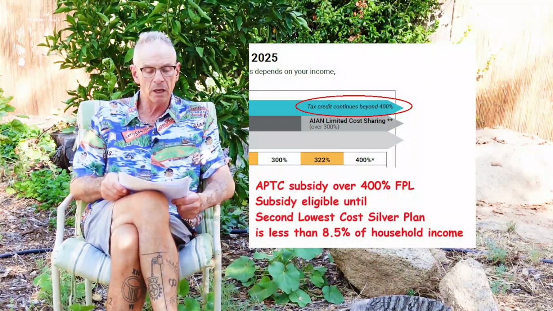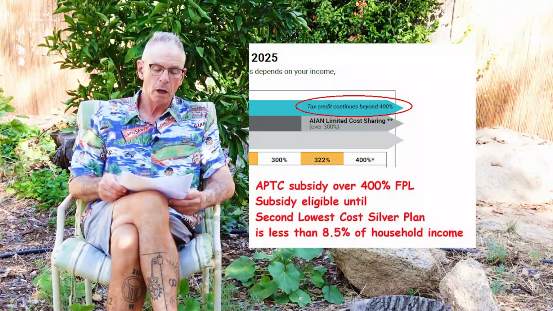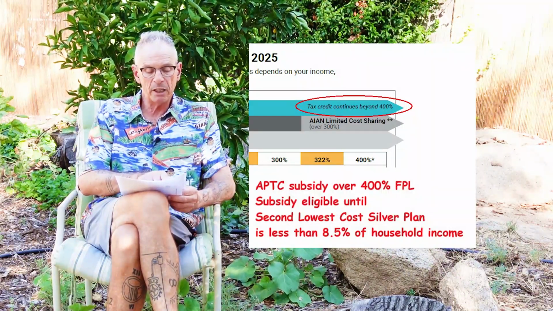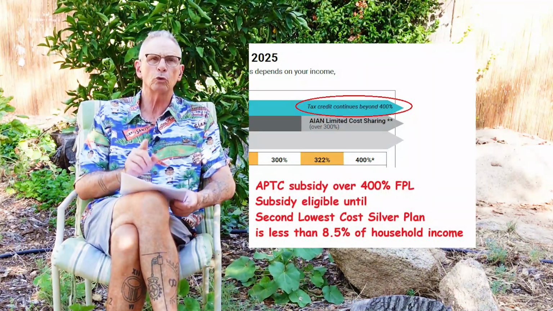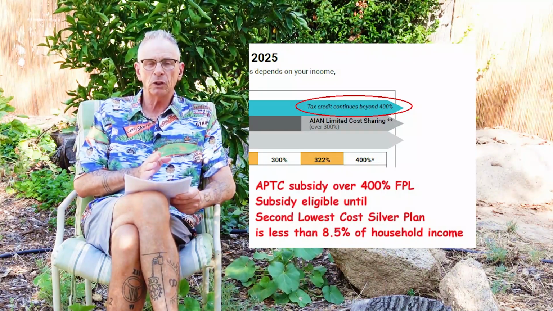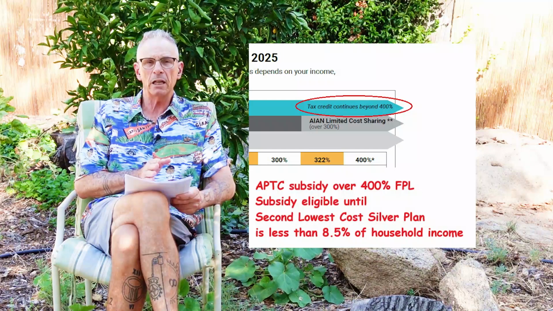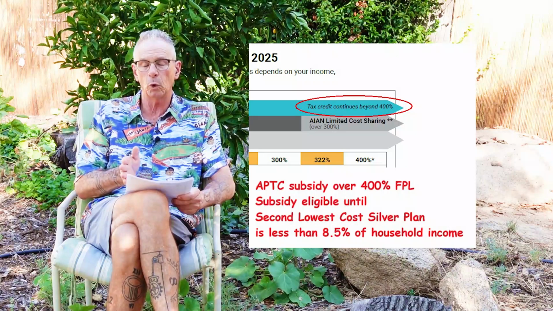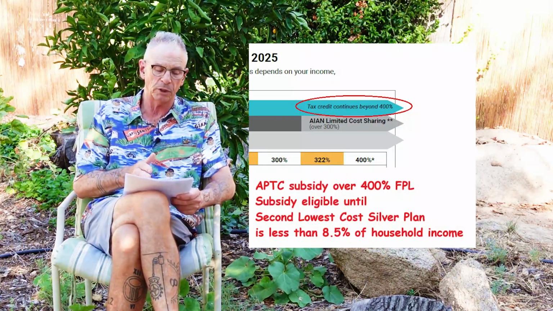Now, across the very top, in that blue line, it talks about the federal subsidies, and it says the tax credit continues beyond 400%. For many years, the subsidies stopped for any household income over 400%, and when you did your taxes, if you were over 400%, you had to pay back all the subsidies.